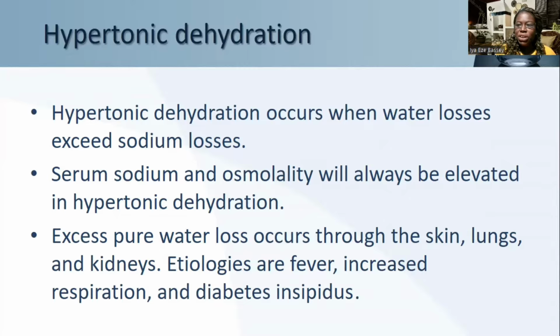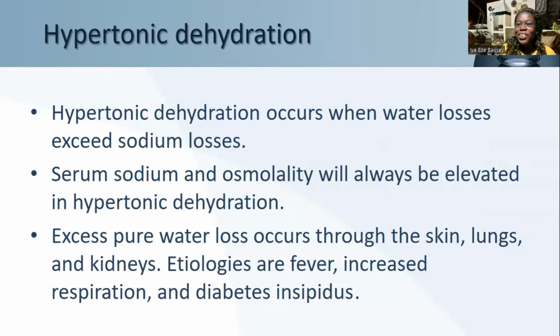The kind of condition that will make you lose that kind of pure water is water loss that occurs through the skin, through the lungs, through the kidneys, okay? You find that when you have fever, also when you have increased respiration, hyperventilation, and also when you have diabetes insipidus. Diabetes insipidus is different from diabetes mellitus in that it is caused by a dysfunction in ADH activity.